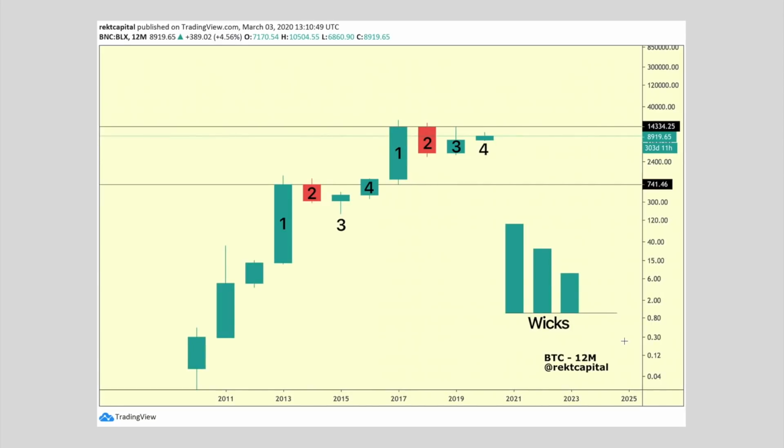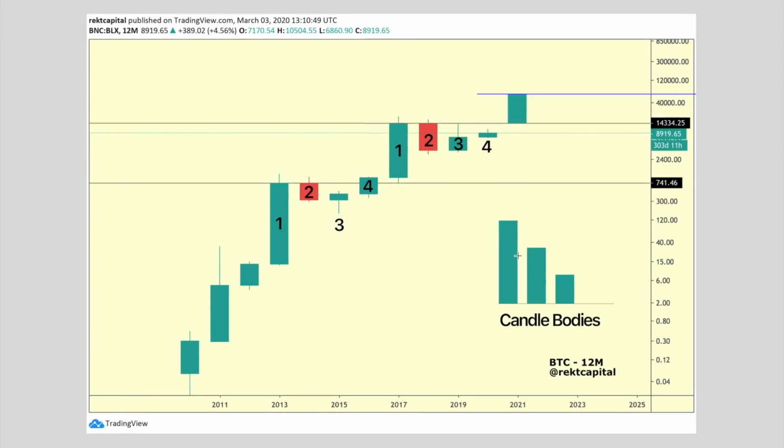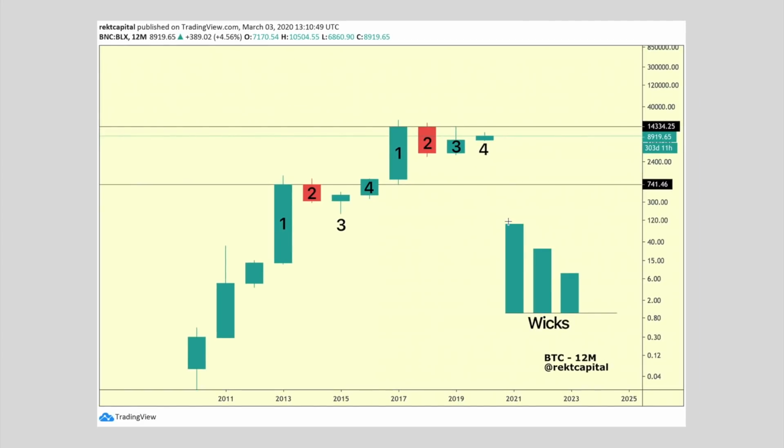But let's look at the wicks, and you can see that if we just quickly cycle from the candle bodies to the wicks, these candles are a little bit longer because of course they do take into account the entire scope of price action in that 12-month period for Bitcoin. So right over here, these wicks are going to be taken into account, but of course we still see this declining tendency, but this declining tendency is arguably a little less steep.